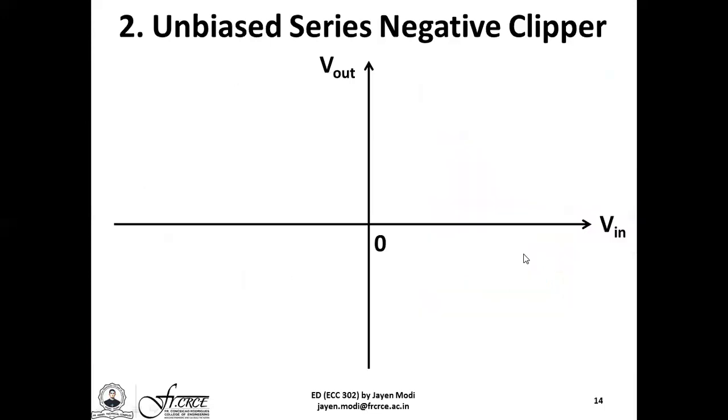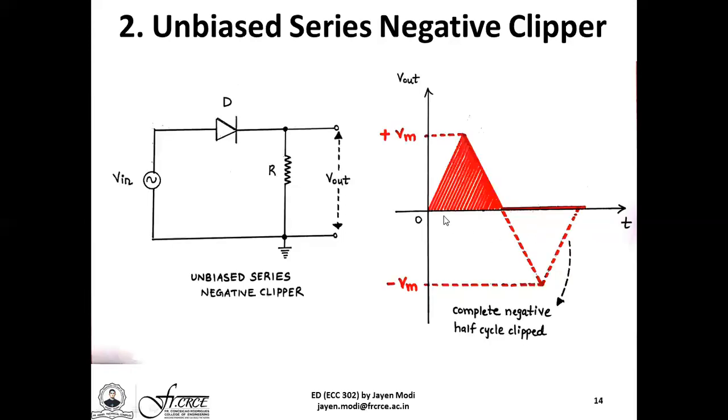Looking at the voltage transfer characteristics for the unbiased series negative clipper, during the first positive half cycle of operation, all of us saw that the output signal was obtained across the terminals Vout with the peak voltage value Vm.